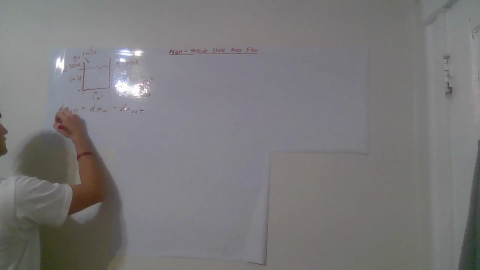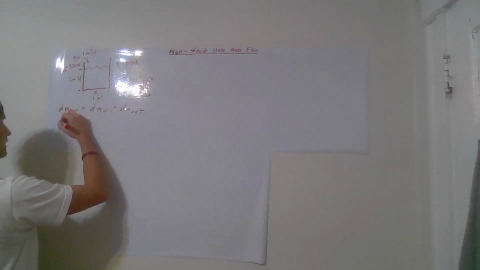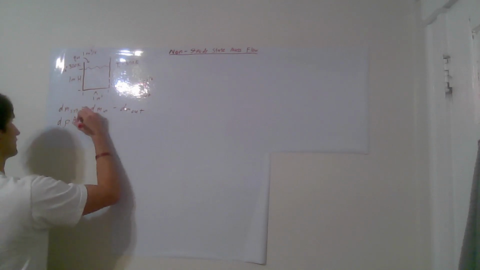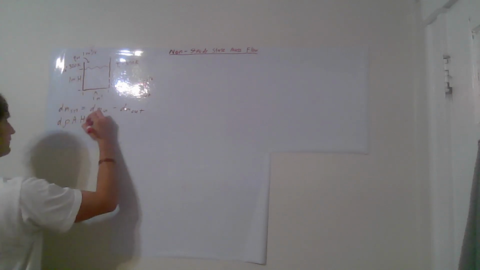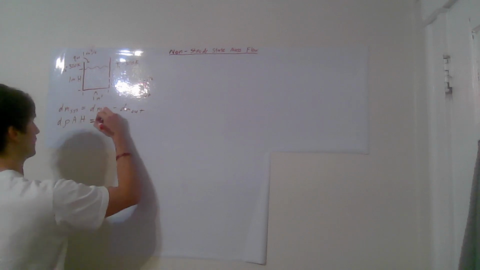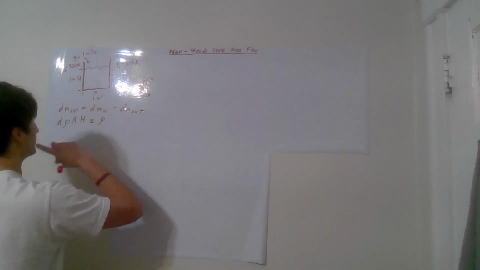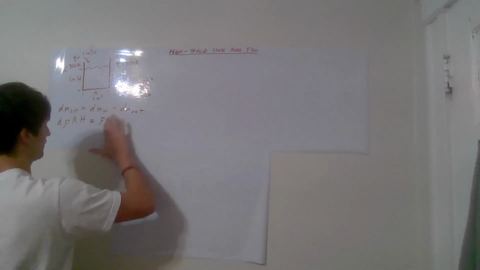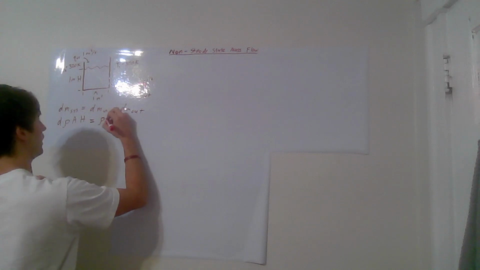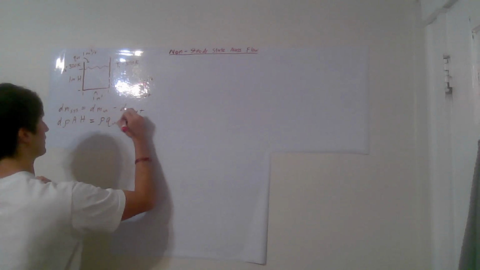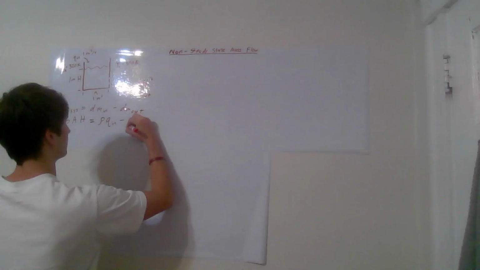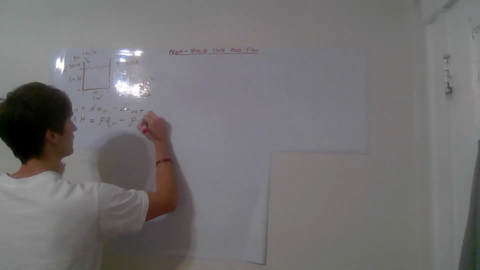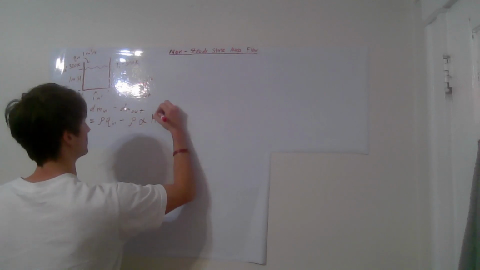So what this is going to turn into is the change in the density times the cross-sectional area times our height h up here, and that's going to be equal to the density times our flow going in, minus the density times our flow going out, which is alpha times h to the 1/2.